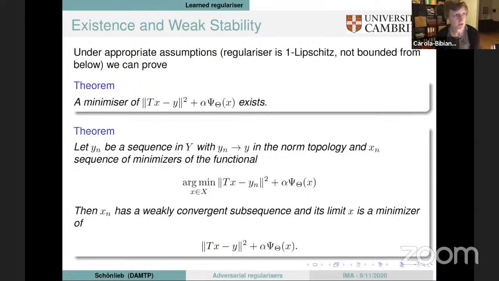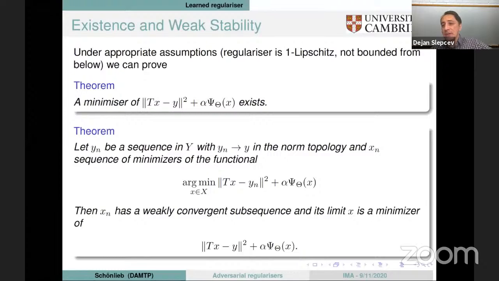Right. And just one other question, which is somewhat related to Yunnan's talk. If you could recover the manifold perfectly, then your adversary is really the distance to the manifold, right?